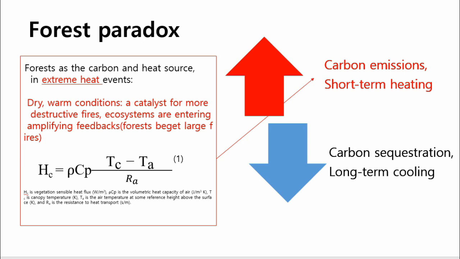So forests as a carbon and heat source in extreme heat events play a role as a catalyst for more destructive wildfires, and ecosystems are amplifying this feedback, increasing fuel temperatures and increasing sensible heat, which increases vegetation heating, then bigger fires and more carbon emissions.